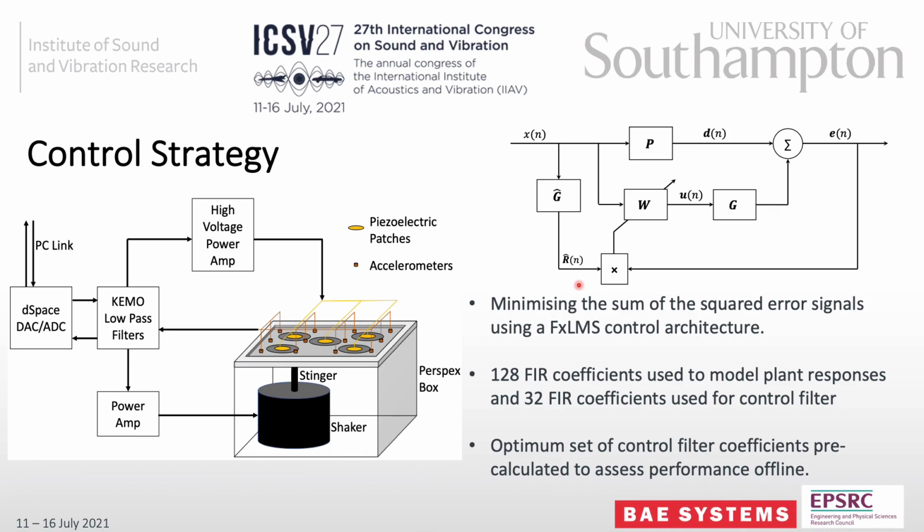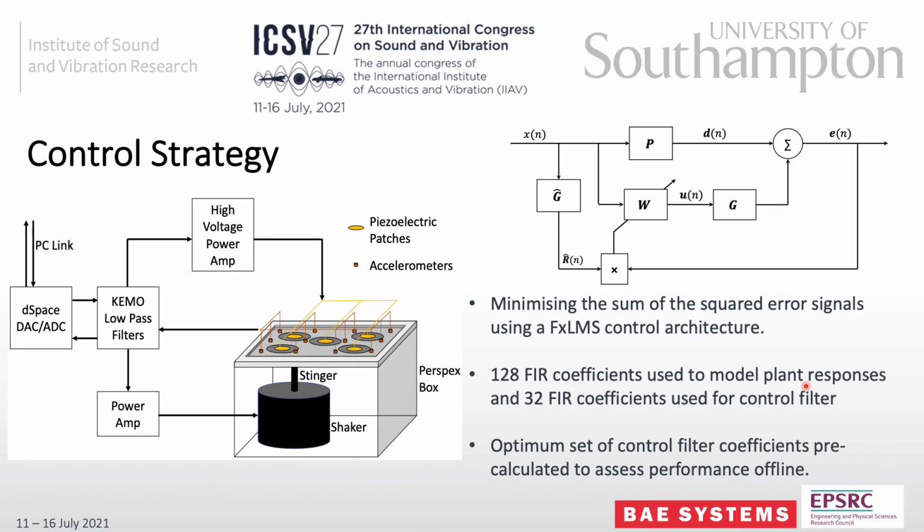R hat, which can be used in combination with the error signal measured from the accelerometers to update this controller W. This controller W has been set to contain 32 FIR filter coefficients, and by filtering the reference signal with this controller W, we then get the control signal U, which can then be used to drive each of these piezoelectric patches to therefore minimize the error signal.